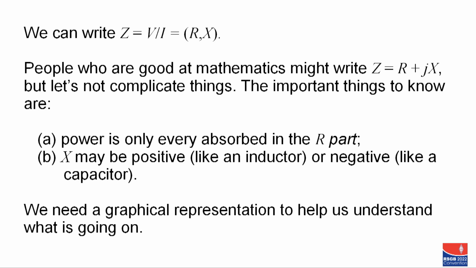But let's not complicate things. The trouble is that as soon as you start to write equations down and talk about complex mathematics, you can see the eyelids glazing and people wandering off at the back. So I'm not going to do that. I'm going to do everything by a graphical representation. And provided we understand what the diagram means, it makes it much easier. But there are two things that we need to remember.